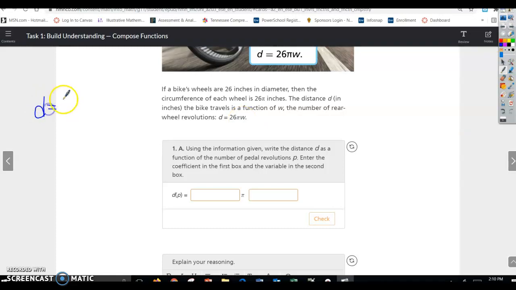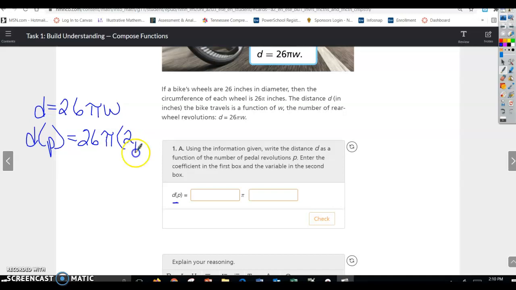D equals 26 pi W, but now we're looking for D of P, so we're going to have 26 pi, and instead of W, we're going to have 2P, because W equals 2P. So D of P equals 26 times 2, which is 52 pi times P.